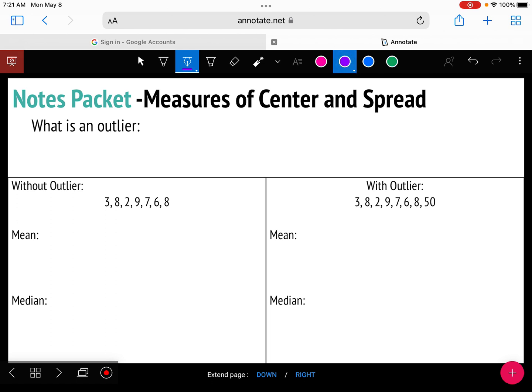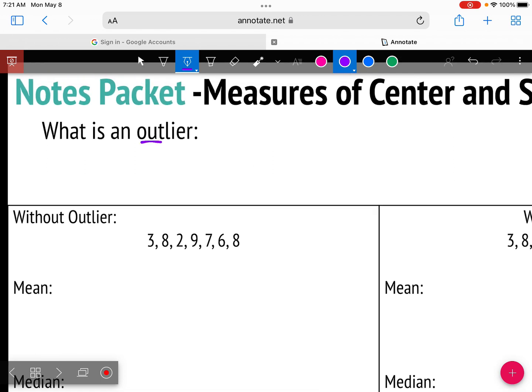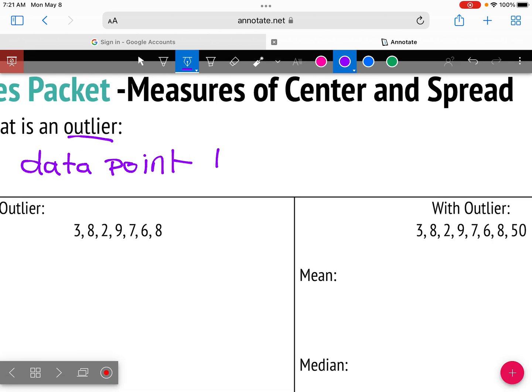So at the very top of your page, on page 18, it asks you about outliers. What is an outlier? An outlier just means a data point that is distant from the others.